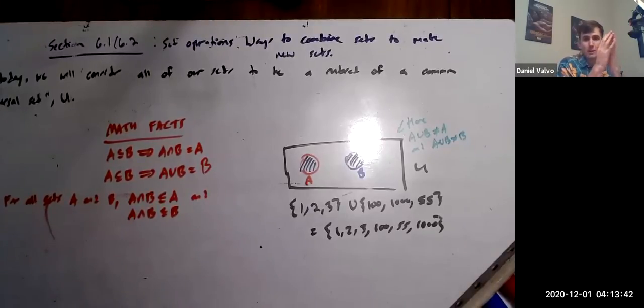Think about the middle part of the Venn diagram: it's fully contained in A and it's fully contained in B.